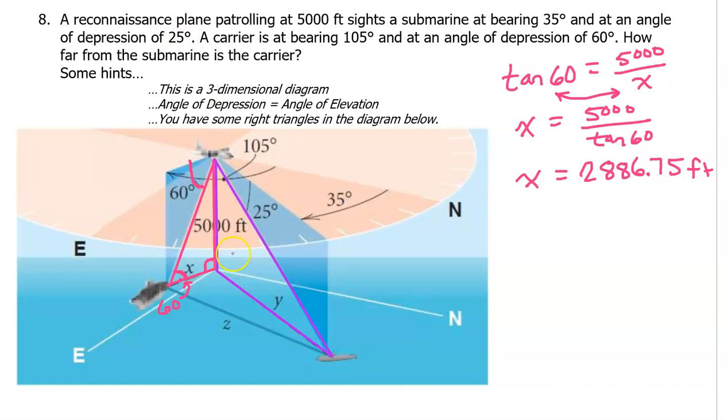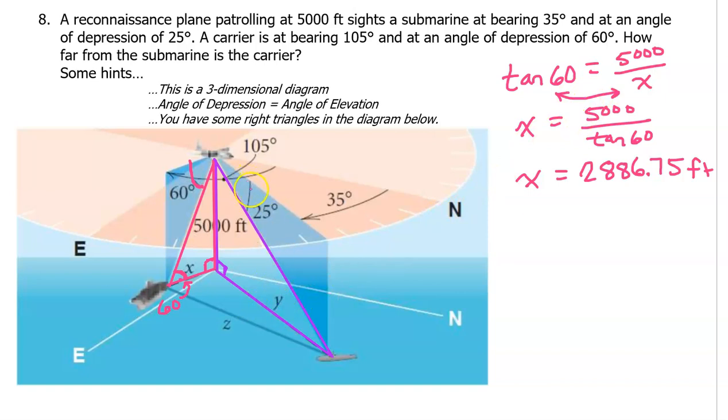Again, please understand that we have a right triangle right here, even though it doesn't look like a right triangle because this is drawn in 3 dimensions, you know, the plane is straight 5,000 feet straight up. So this is perpendicular. It is a right angle. So this is going to be very similar to what we just did.